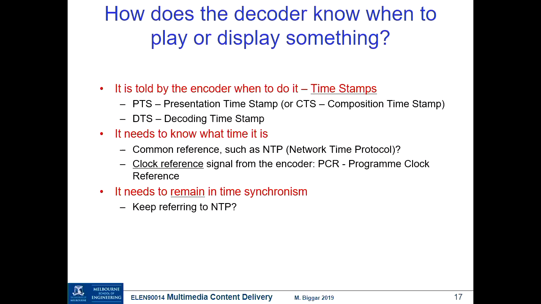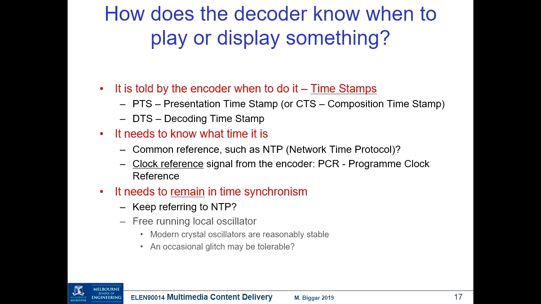How do we remain in time synchronism? Well, if we could use NTP, we could keep on referring to it, but as I've said, that's not really going to work. Having synchronized a local oscillator, could we just let it run freely? Modern crystal oscillators are quite stable. Anyway, what would be the consequence of the clocks at encoder and decoder drifting apart over some long period of time?